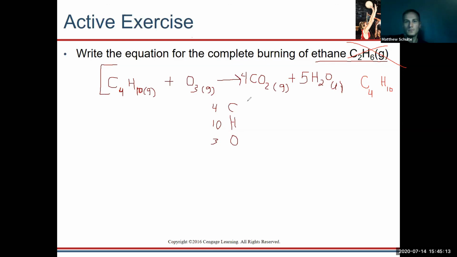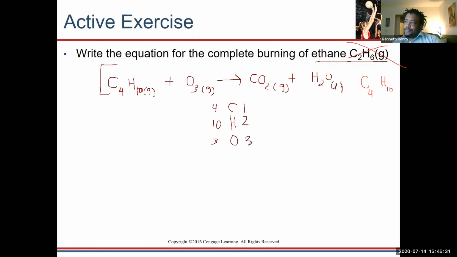And on the product side, 1 carbon, 2 hydrogen, and 3 oxygen. Okay, is it balanced? No. Okay, so how do we balance it?